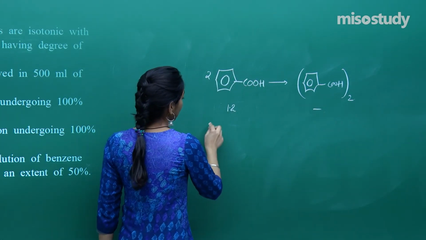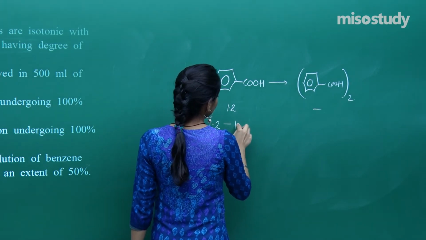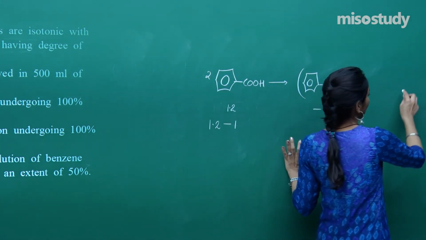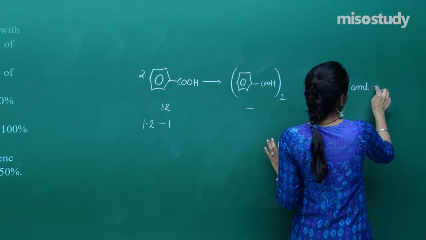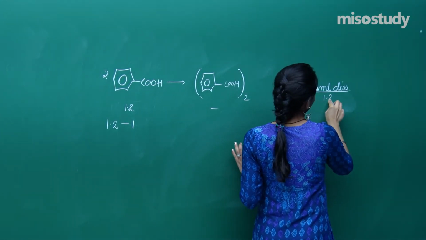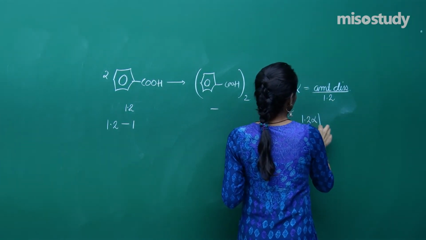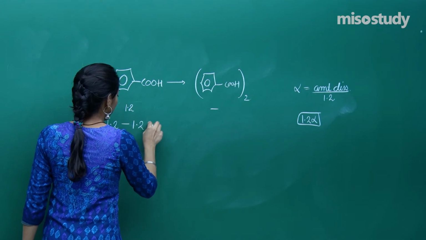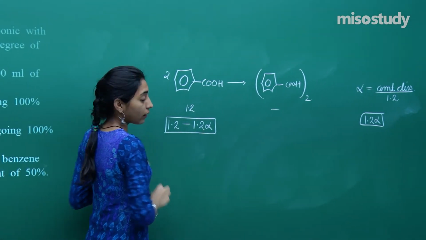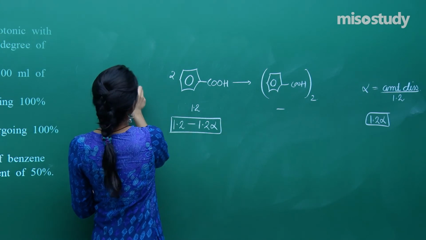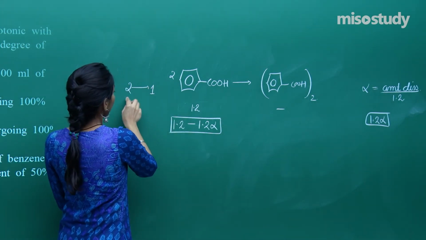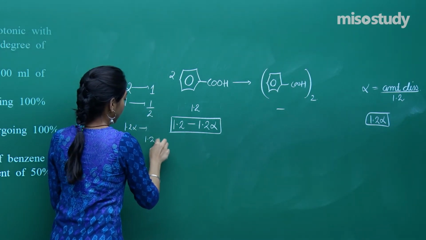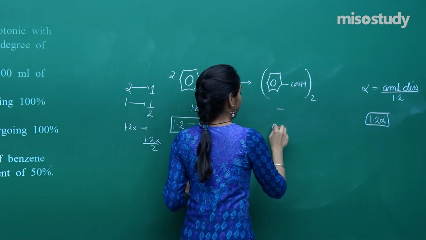If the degree of dissociation is alpha, alpha is the amount dissociated divided by total amount taken. So 1.2 alpha is the amount dissociated, and the left out will be 1.2 minus 1.2 alpha. Clear? And how much will be formed? 2 benzoic acid will form 1 molecule, so 1 will form 1 by 2 molecule. So 1.2 alpha will form 1.2 alpha divided by 2, that means 0.6 alpha.